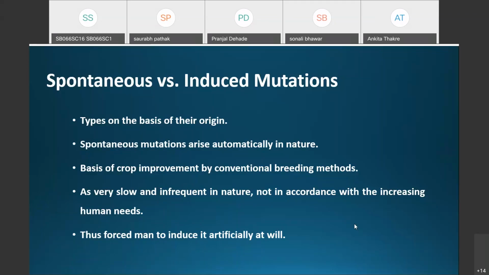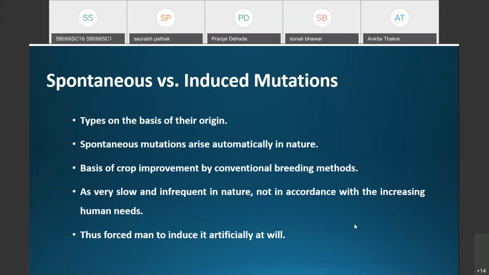In conventional breeding we have discussed the different artificial selection methods like mass selection, pure line selection, clonal selection, and also hybridization. That means spontaneous mutations are very important, as they are the basis of crop improvement by conventional breeding methods.